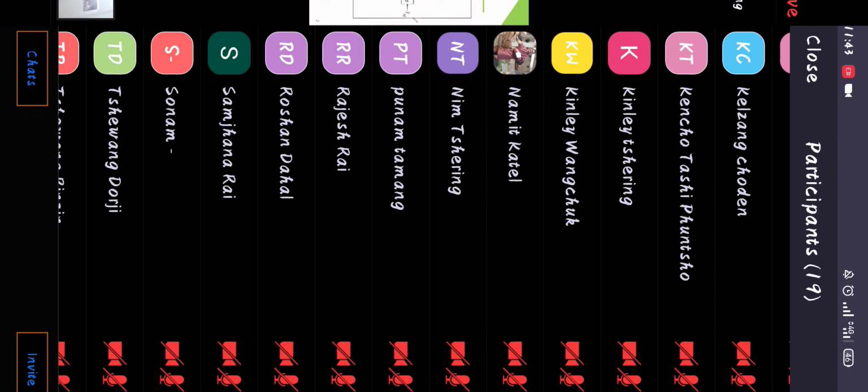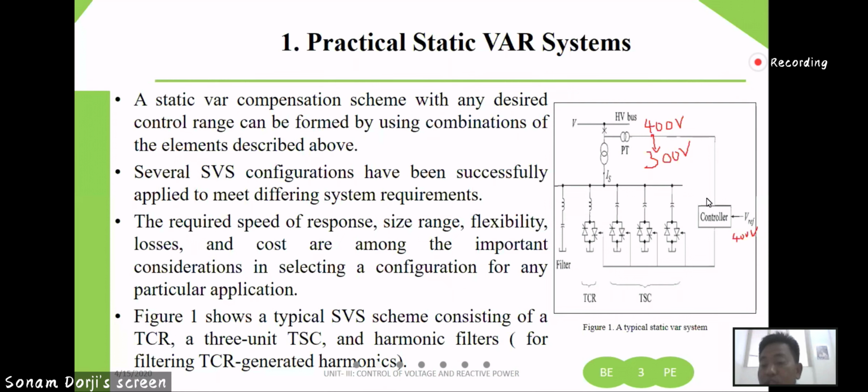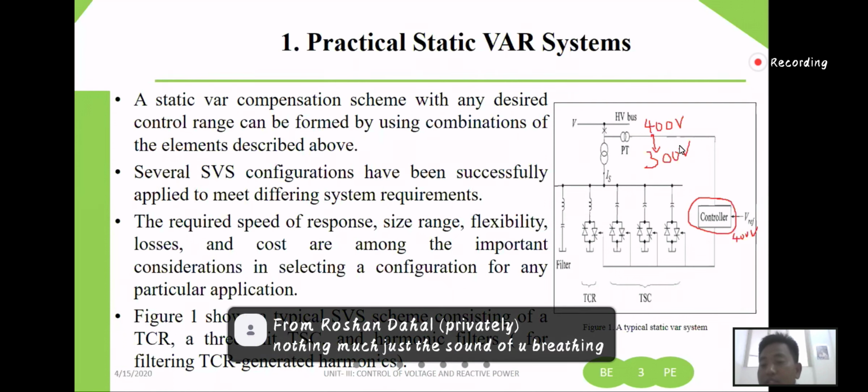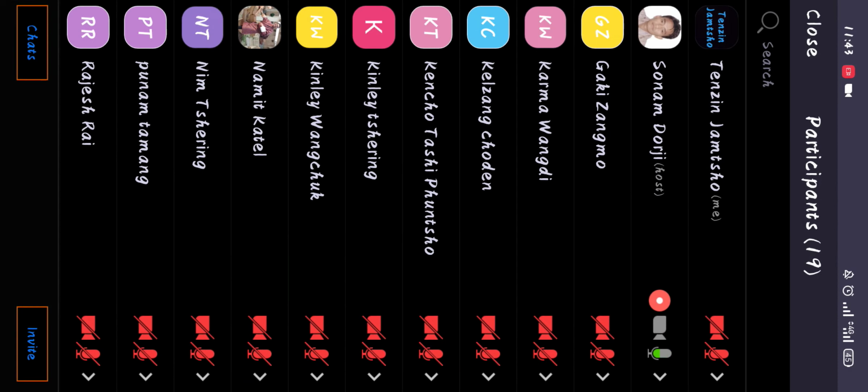In such a case, the potential transformer will sense this, and the controller will sense that the bus voltage has gone beyond, or that the voltage drop from your reference voltage is huge.